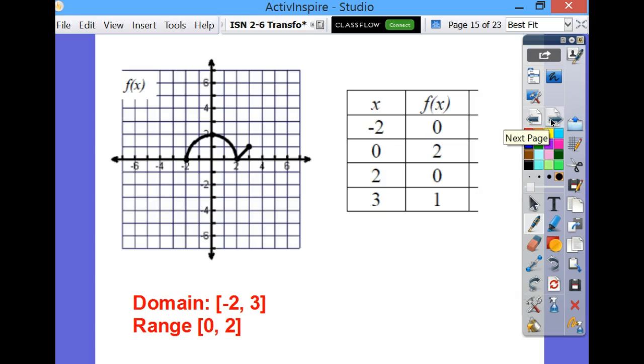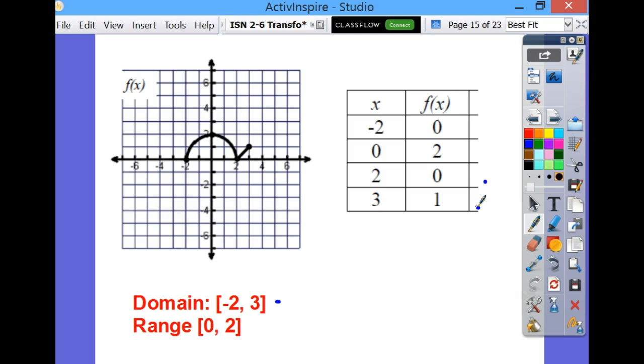So next, instead of transforming that V shape like we've been doing, we're going to change to this shape right here. Is this written down for you in your notes? Is it already in there? Is the table already there?